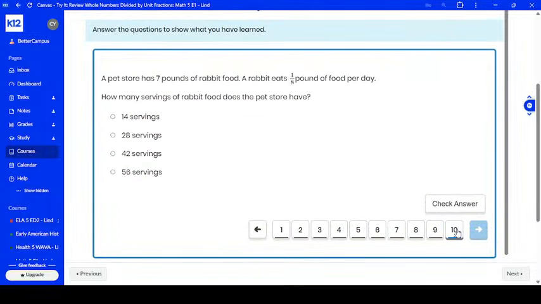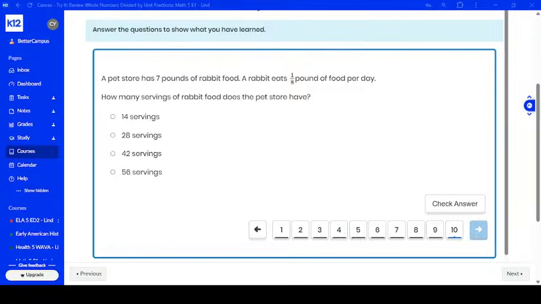A pet store has 7 pounds of rabbit food. A rabbit eats 1/8 of a pound of food each day. How many servings of rabbit food does the pet store have? Is it A, 14, B, 28, C, 42, or D, 56?